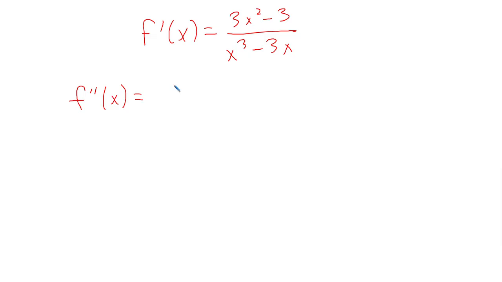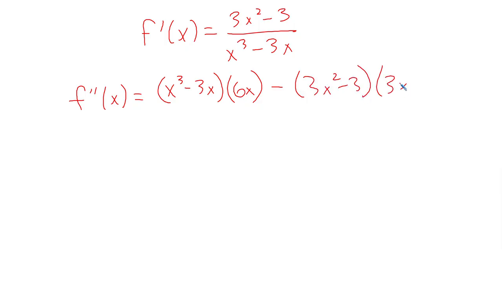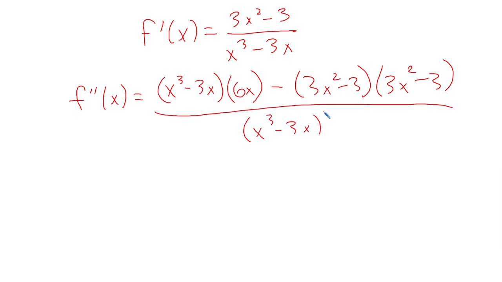Right, quotient rule says denominator times derivative of the numerator, which will be 6x, and then minus numerator times derivative of the denominator, all divided by the denominator squared. And so we want to evaluate what is f double prime of -1, which was our only critical value.